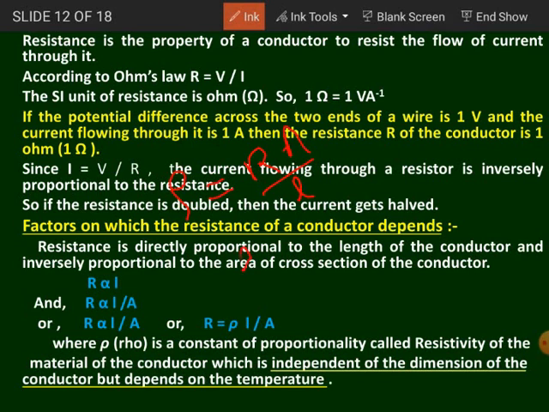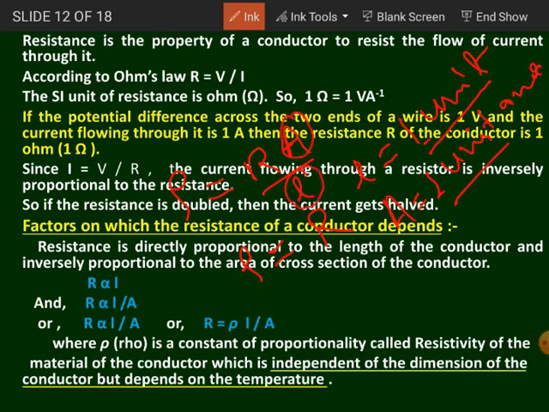So if you take L equal to 1 meter and A equal to 1 meter square, then your rho will be equal to R. When L is equal to 1 unit length, and your cross-sectional area is also 1 unit area. In SI units, it will be 1 meter square and 1 meter. So if these two are equal to 1 each, then your rho will be equal to R.